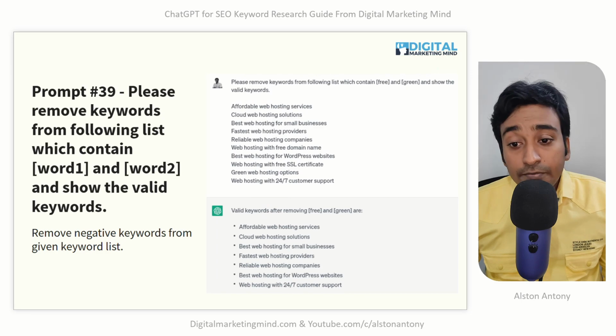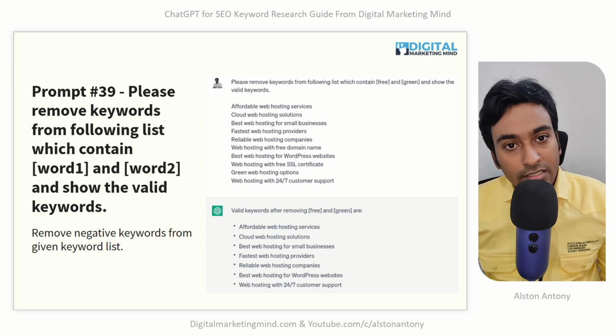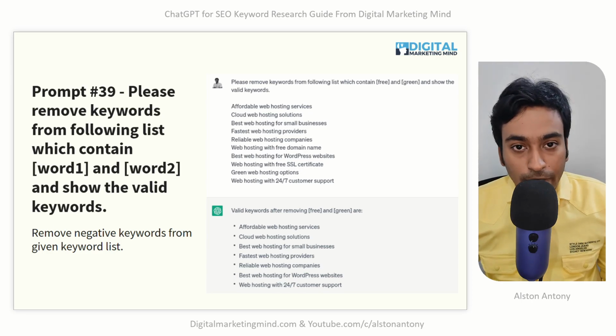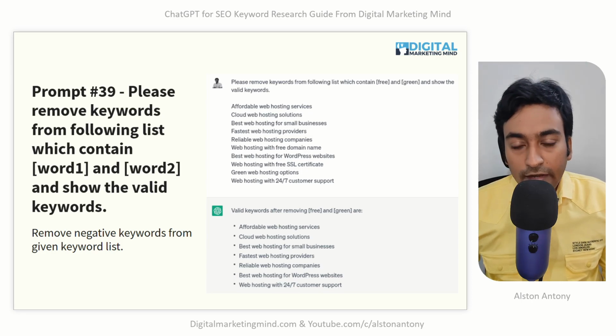Prompt 39. Please remove keywords from the following list which contain, and you give the words. For example, you are doing keyword research through ChatGPT or any keyword research software, and it came up with a lot of different keyword ideas, over 100. Let us assume you see some words within keywords occurring randomly, and you don't want any keywords containing that particular word.